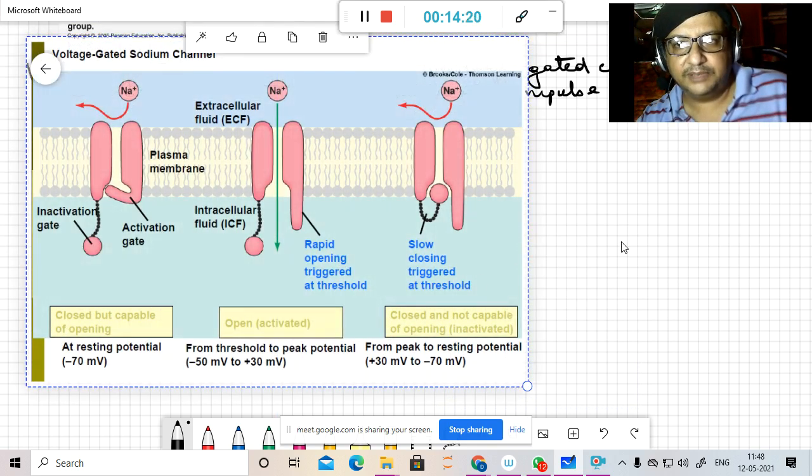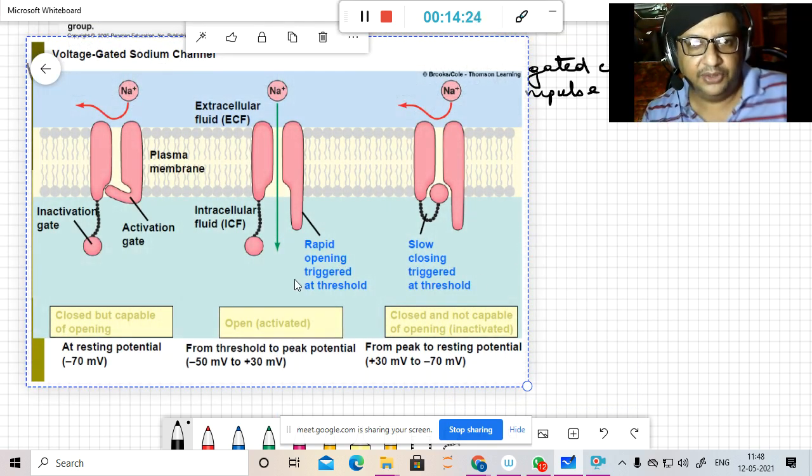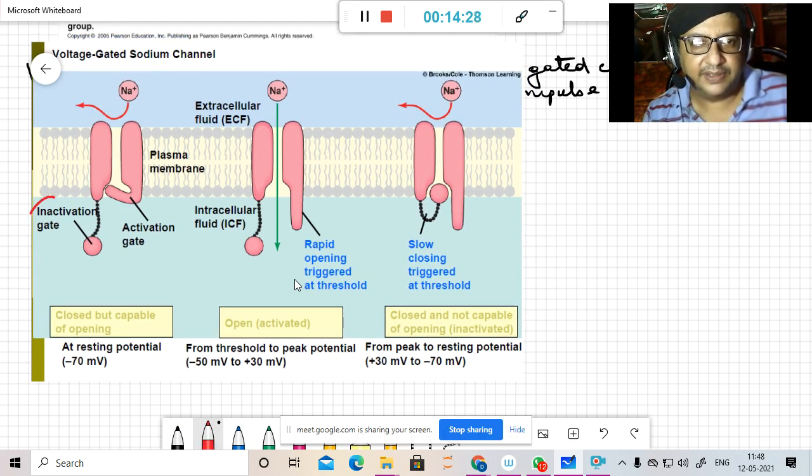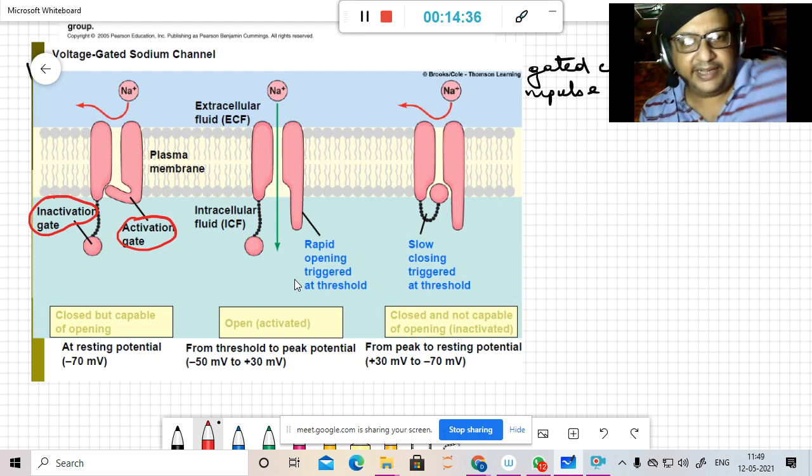This particular channel has an inactivation gate as well as an activation gate. At resting membrane potential, the inactivation gate is open and the activation gate is closed, but it is capable of opening.